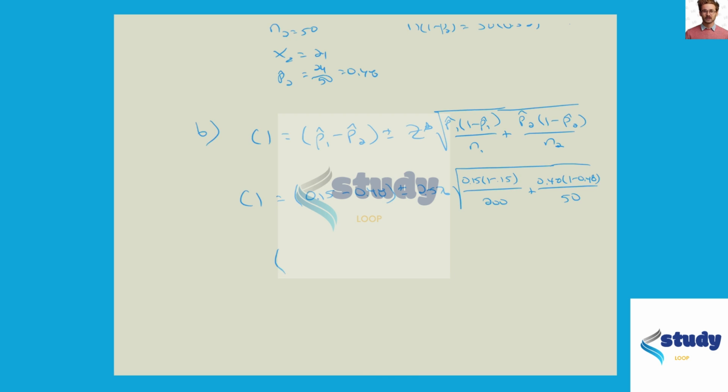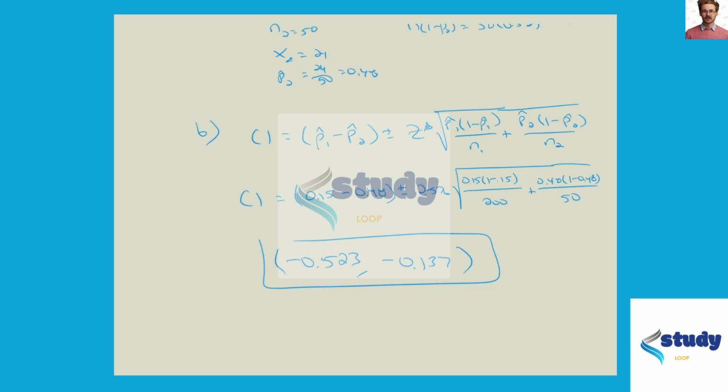We find the lower boundary by subtracting, and that comes out to, to 3 decimal places, negative 0.523, and the upper boundary is found by adding, and that comes out to negative 0.137.